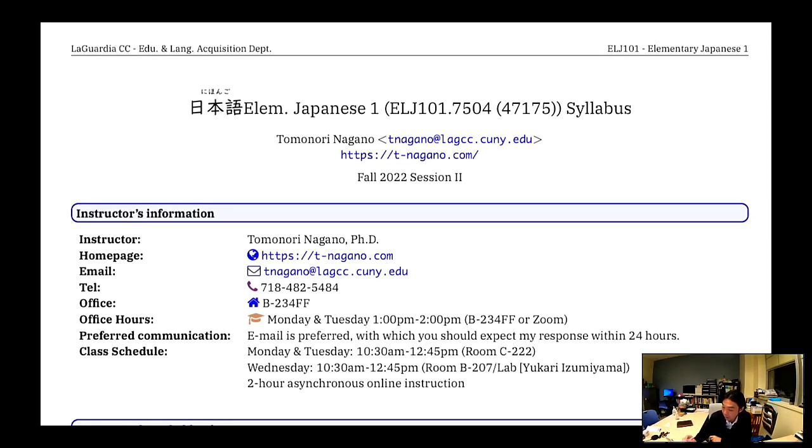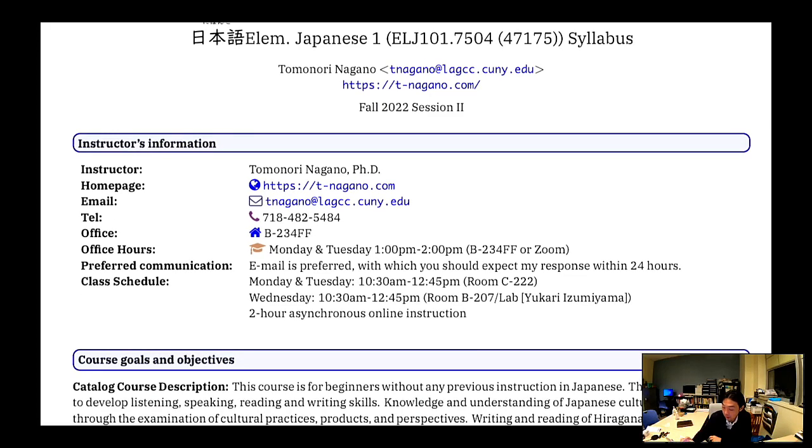At the top, you see our section number, my email address, and the link to our course website. This is my phone number. I'm usually in my office on Monday, Tuesday, and Thursday this semester.